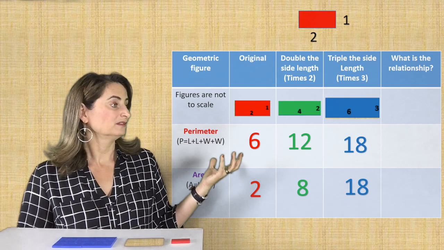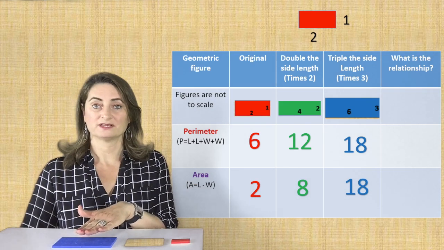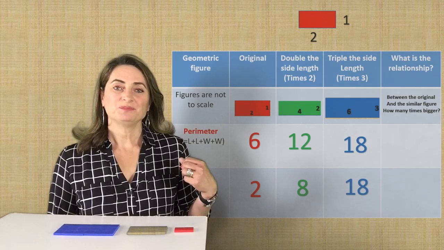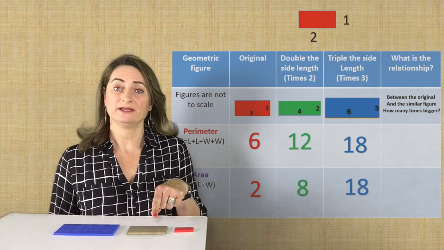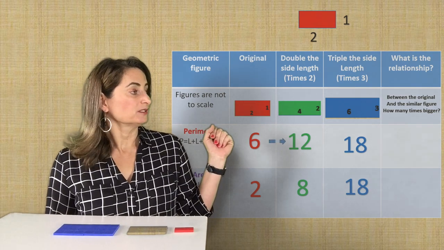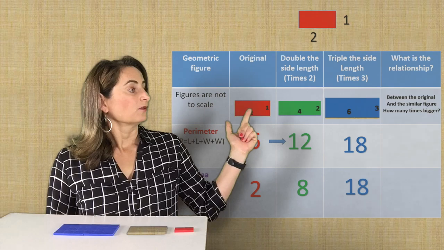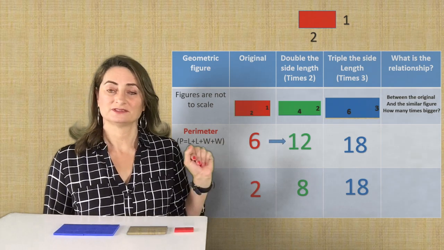Now we found the perimeter and the area of similar figures. Now let's find the relationship between the original and the similar figures' perimeter and area. What happened when you double the dimension? How many times bigger was the perimeter, from 6 to 12?